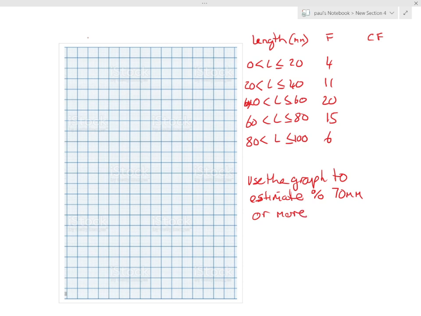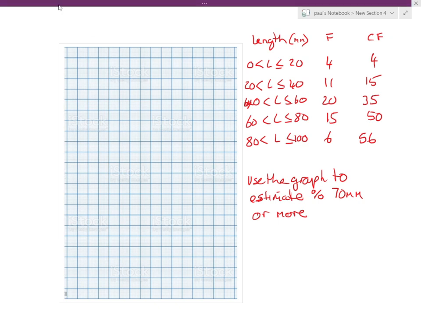So we don't have to work out any interquartile ranges. So what we're going to do, let's do the cumulative frequency. So there's 4, 15, 35, 50 and 56.